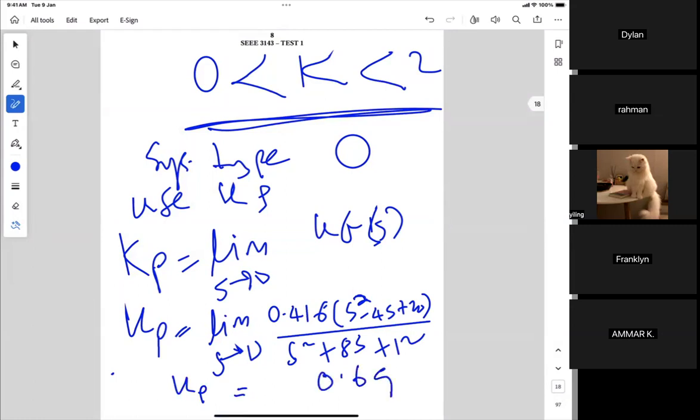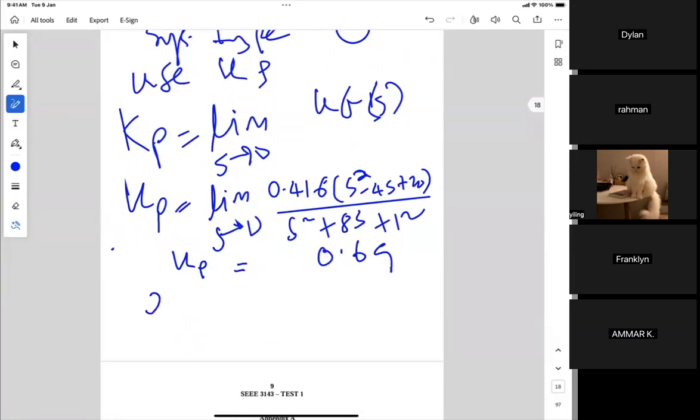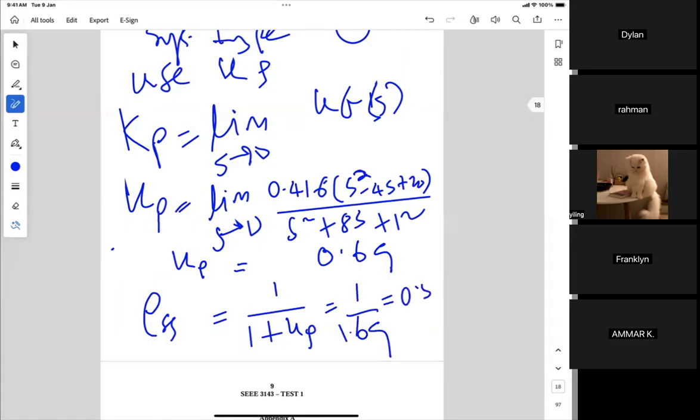Can. So the steady state error equal to 0.59.